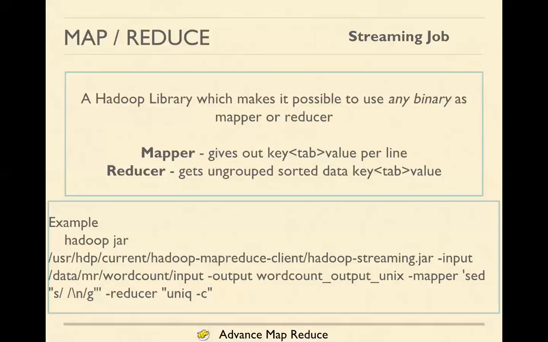When the program prints onto the screen, it's called the output stream, and if a program is giving an error, that's called the error stream. So your program is supposed to read from standard input and give out to standard output. Which means that almost every Unix command can be used as a mapper and reducer. Now you can see that.